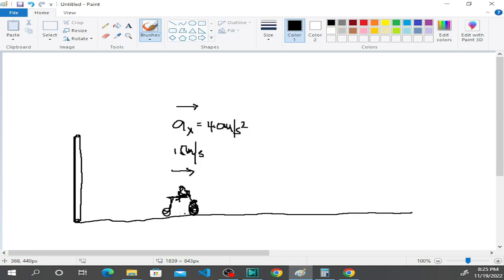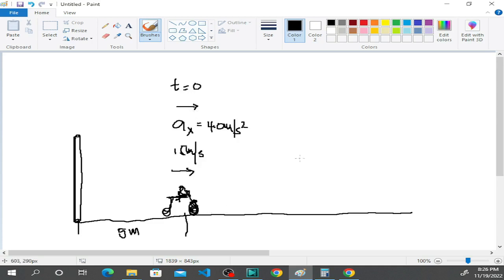All right, so this is 5 meters away from the origin, and this is t equals 0. This is when we started observing the motorcycle.